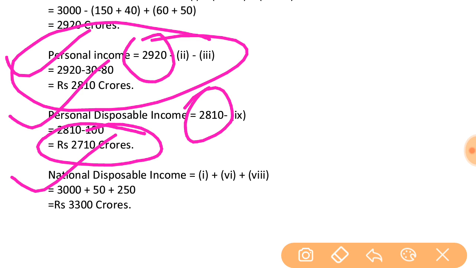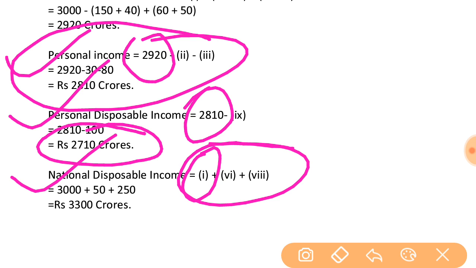That is why we have to add national income plus current transfer from the rest of the world, and again we have to add net indirect taxes. When we add this, then we will get the national disposable income. So it is after paying the taxes.